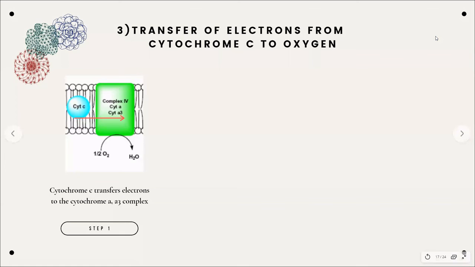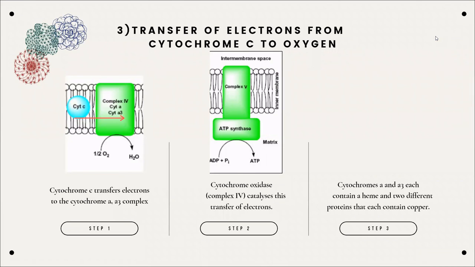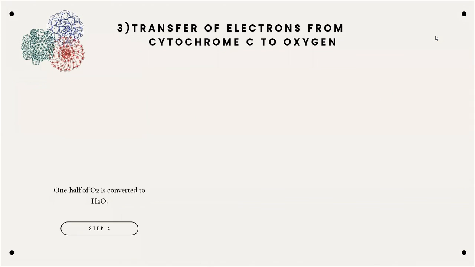The last one is the transfer of electrons from cytochrome C to oxygen. Cytochrome C transfers electrons to the cytochrome A3 complex, which transfers the electrons to molecular oxygen, reducing it to water. Complex IV characterizes this transfer of electrons. Cytochrome A and A3 each contain a heme and 2 different proteins that each contain copper. 2 electrons are required to reduce 1 atom of oxygen.